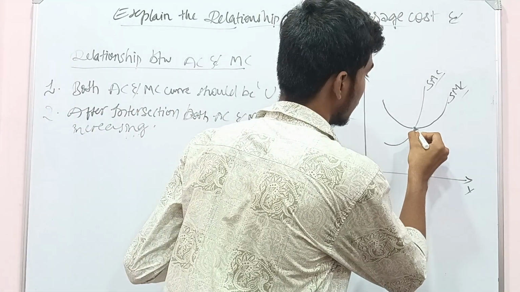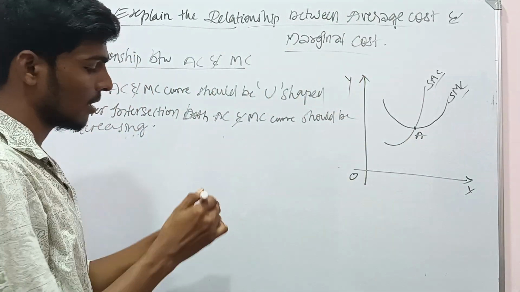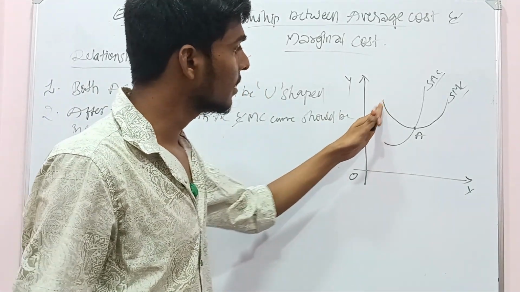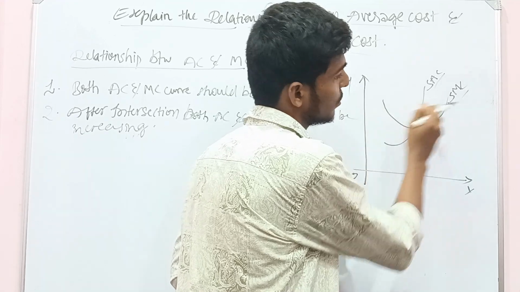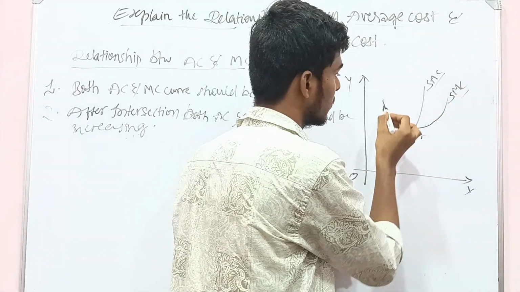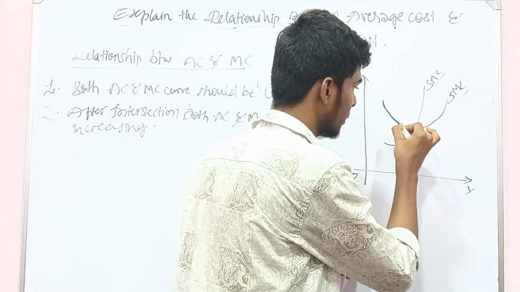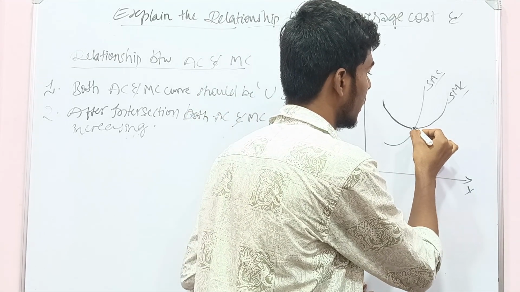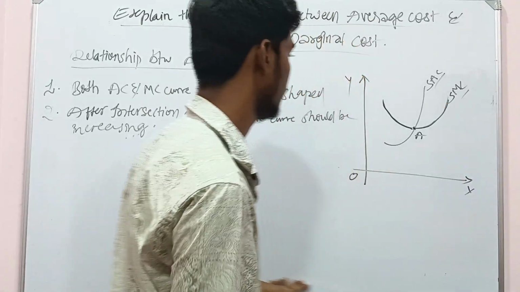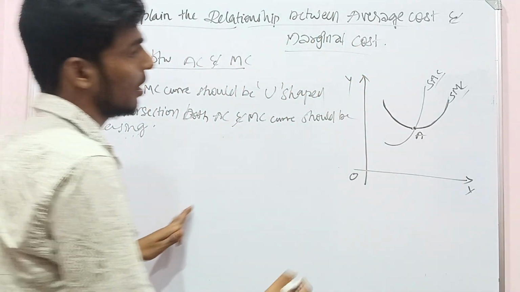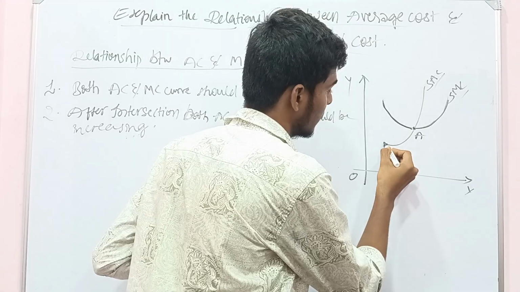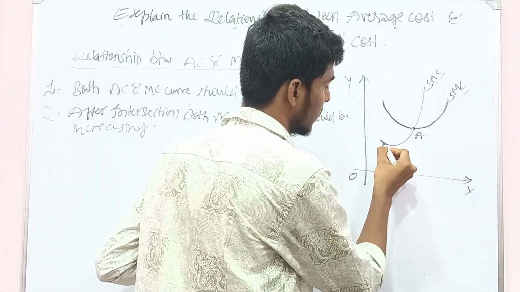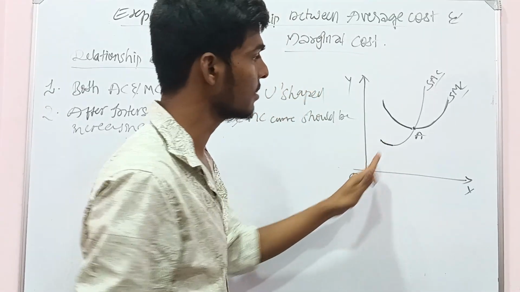Now let's see the third one. Initially the short run marginal cost curve is decreasing, after a certain level it starts increasing, and the short run average cost curve also starts decreasing in the initial stage.